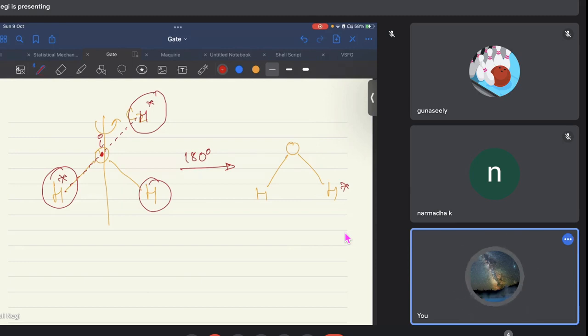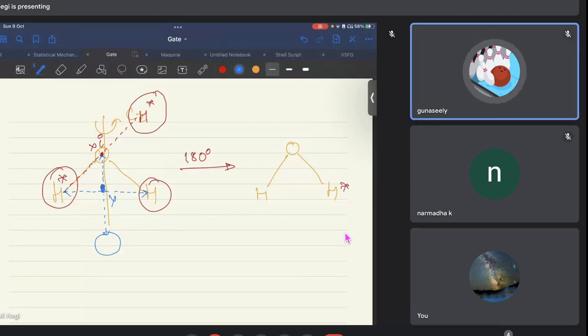So this point is not valid on oxygen. And if I keep the inversion point here, such that these two hydrogens are getting reflected at equal distance, that will be fine. But what about this oxygen? It will not get reflected because there is no oxygen present, so this point will not be called the center of inversion, correct?